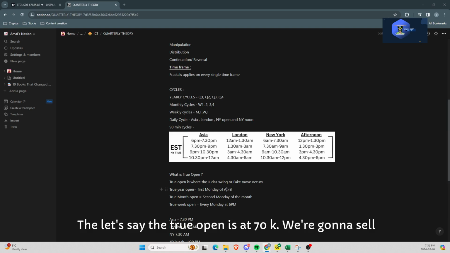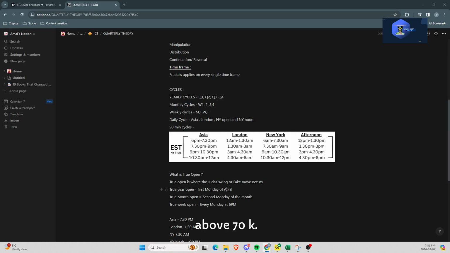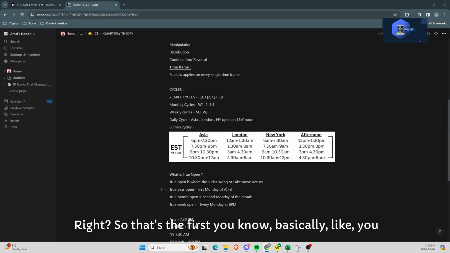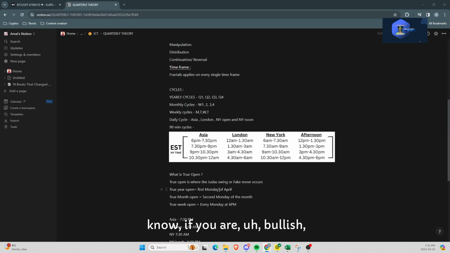Let's say the true open is at 70K, we're going to sell above 70K, and when you see the first market structure shift after 70K, that's when you have to sell your portfolio of March, right? So if you are bullish, you sell above the true open.